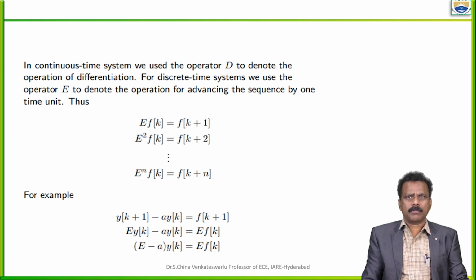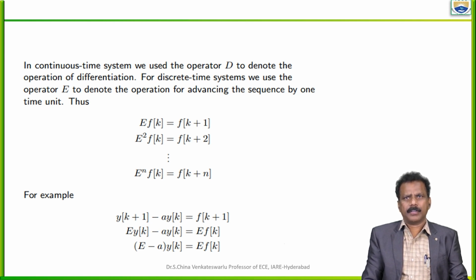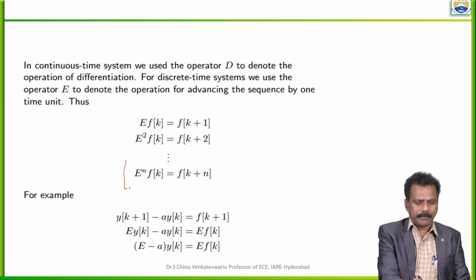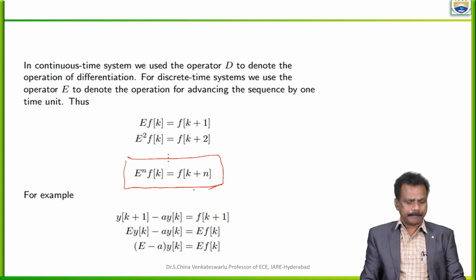Next, E square f of k is equal to f of k plus 2, and E power 3 f of k is equal to f of k plus 3, and so on. E power n f of k is equal to f of k plus n.